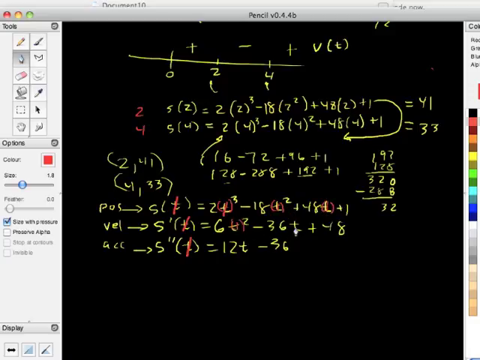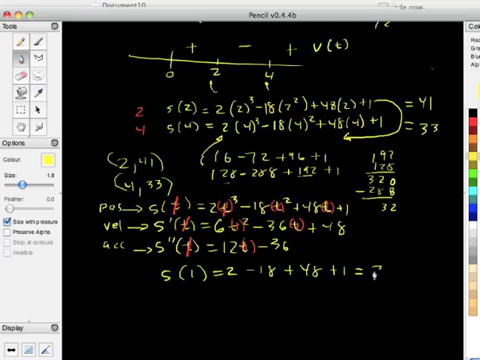Now we just have to be super careful about evaluating. 1 cubed is 1. So s of 1 is equal to 2 times 1 cubed is 2, minus 18 times 1 is 18, plus 48, plus 1. So our position is 48 plus 2 is 50, 51.